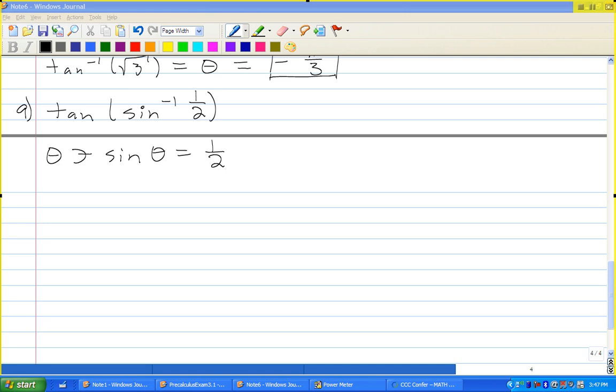Okay, so I have here that the sine of theta is 1/2. And so this is a 30, 60, 90 triangle.